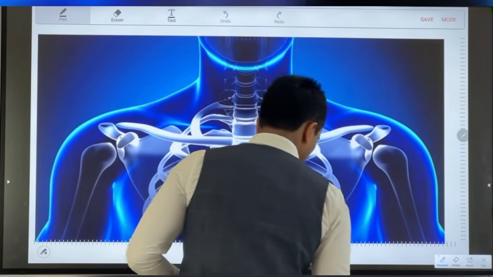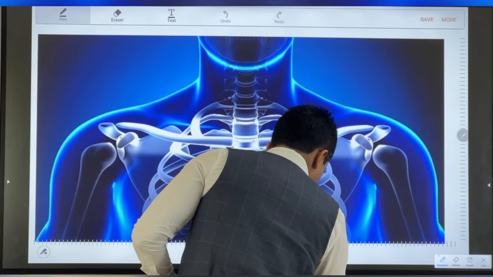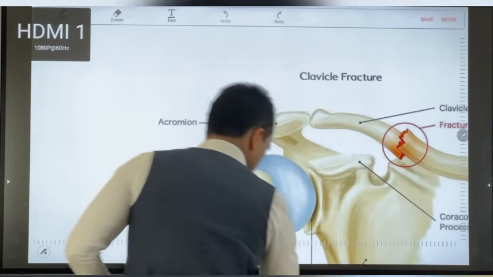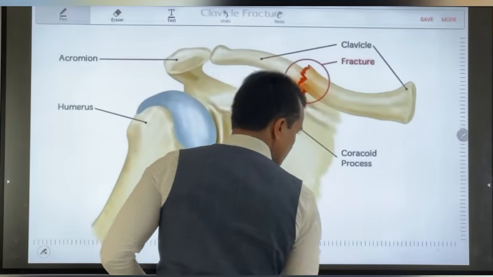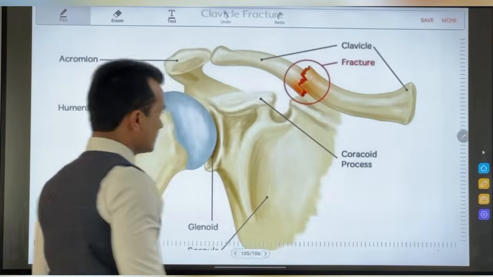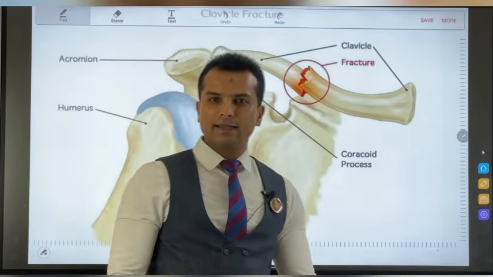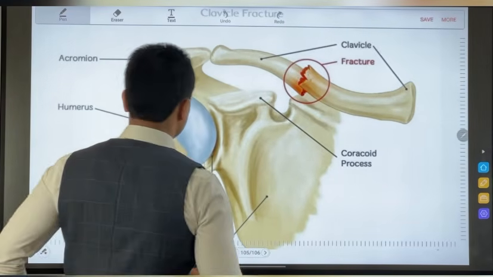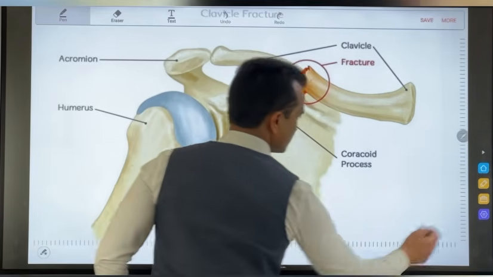And the next important information that you have to add in your notes: as I have told you about the primary ossification center, next write the secondary ossification center of the clavicle.